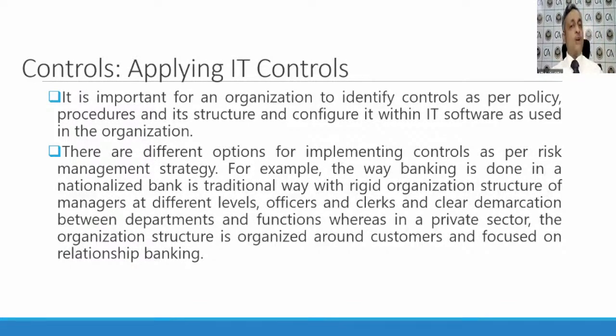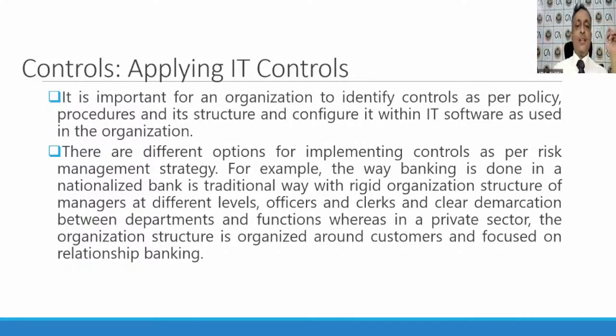So it is important for an organization to identify controls as per their policy, procedures, structure, and configure them within the IT software as used in the organization. There are different options for implementing control as per the risk management strategy. We have already taken the example of password and biometric.